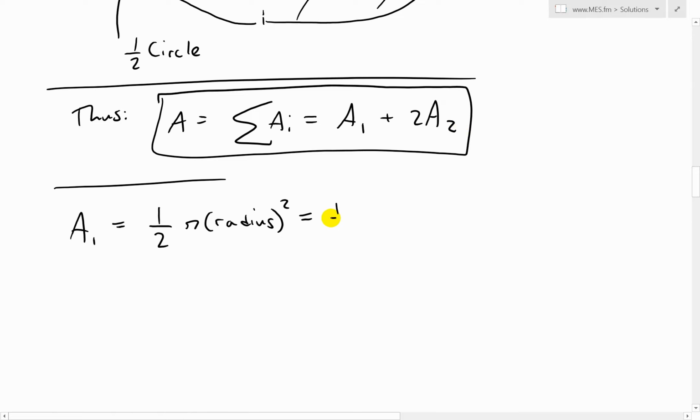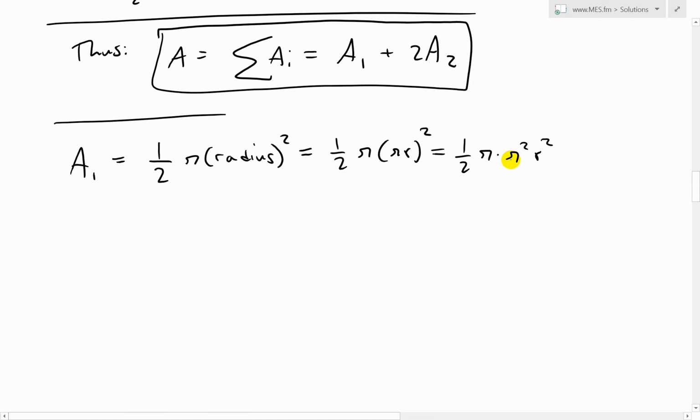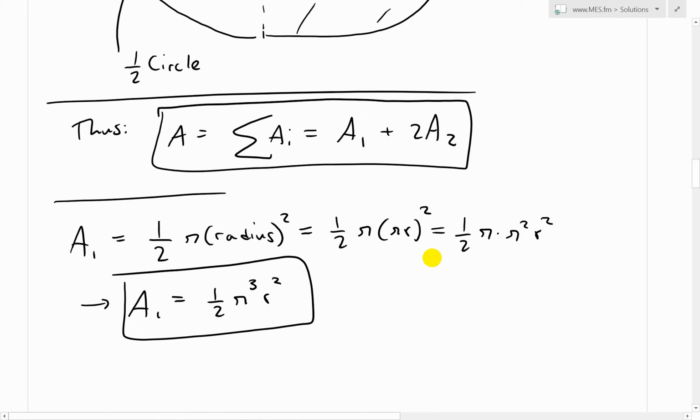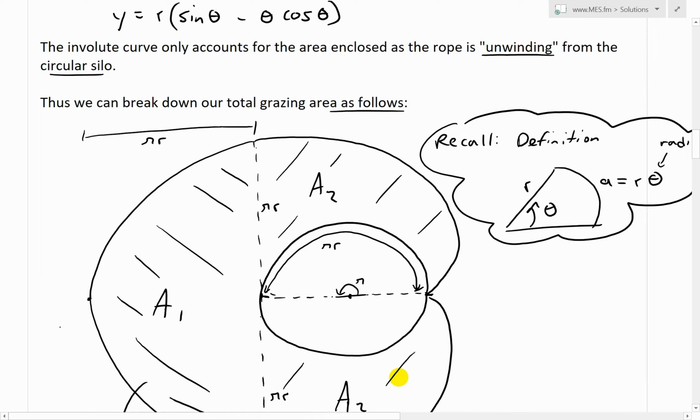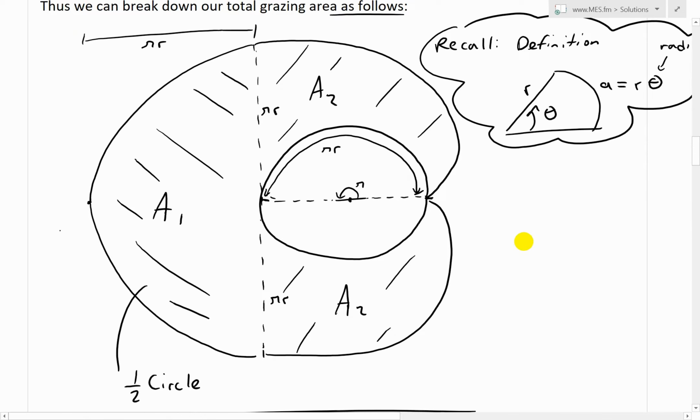So we have 1/2 pi times (pi r) squared, which gives 1/2 pi times pi squared r squared, and then we have a pi cubed. So A1 equals 1/2 pi cubed r squared. Now that we have that, let's start solving the area A2 part.